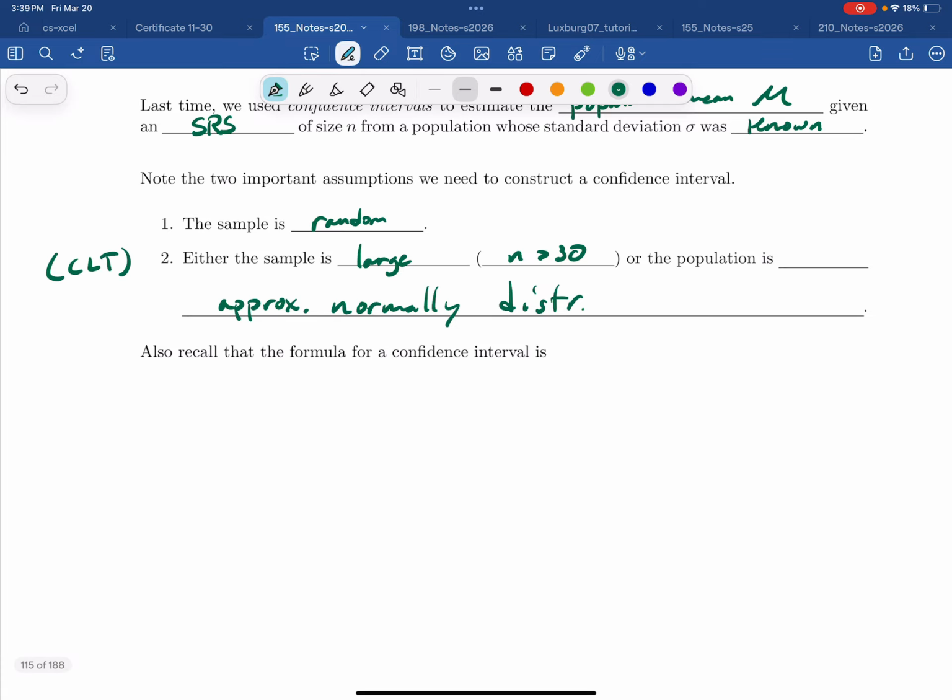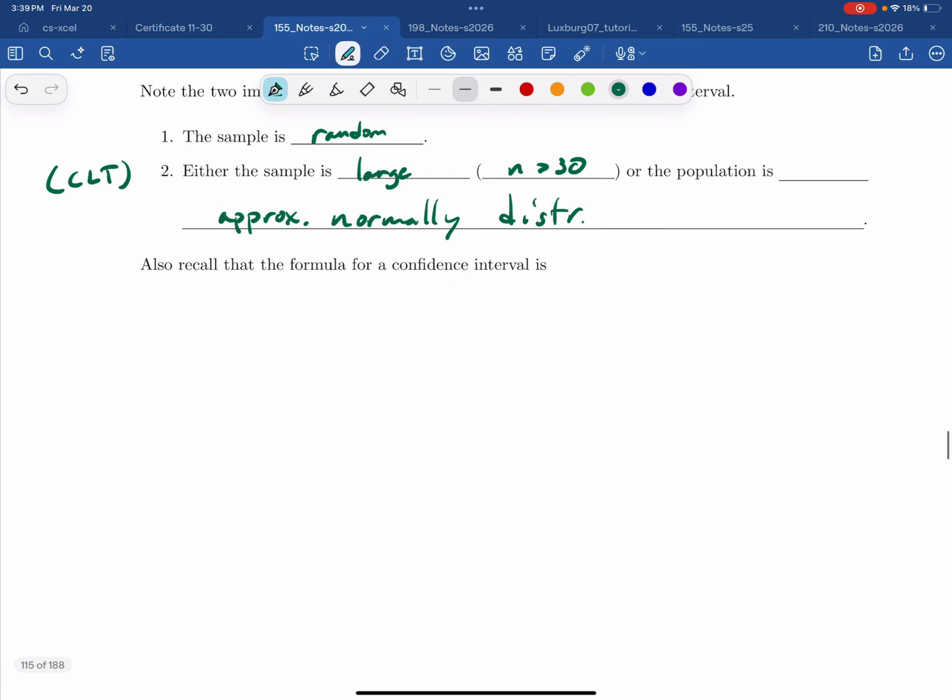Also, remember the formula for the confidence interval. Call it the X% CI, the interval with x bar minus the margin of error to x bar plus the margin of error.